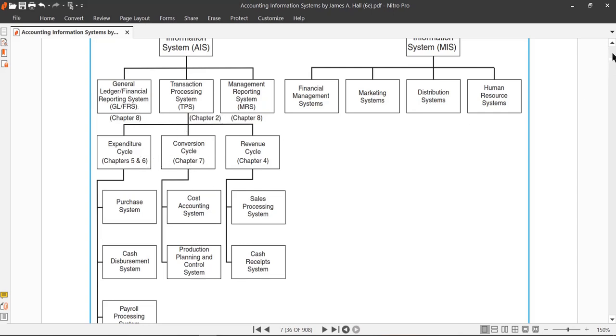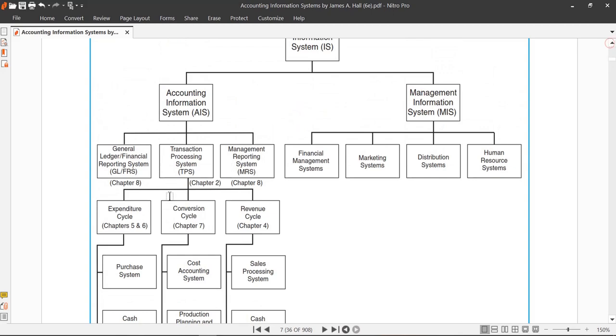So, ibig sabihin, yung in-depth discussion of these subsystems will be discussed in the succeeding chapters. Dito, pinapakita lang sa inyo yung mga subsystems ng AIS. Kumbaga, maraming chapters ng book is nakapokus sa AIS.